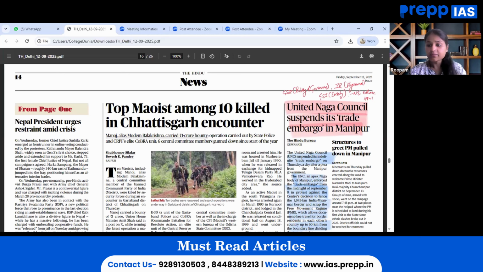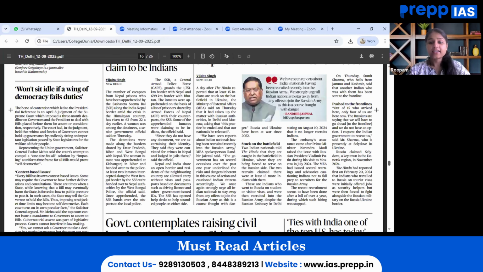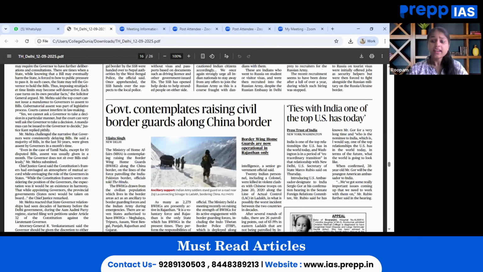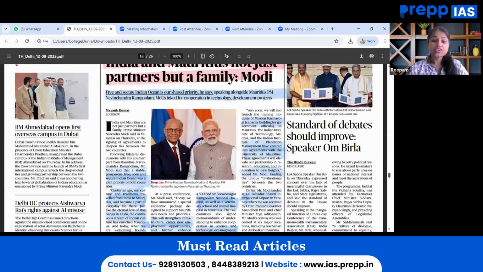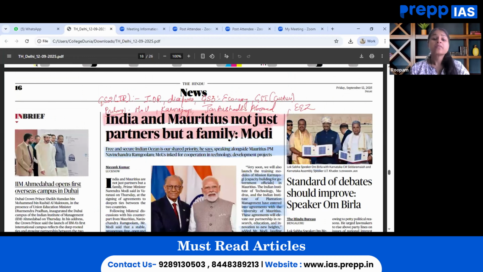Moving on, the next important article in the newspaper that needs our attention talks about the India and Mauritius relationship. India and Mauritius are not just partners but a family, said Mr. Modi. So this is relevant for GS paper 2 IR, wherein neighborhood first policy, Indian Ocean security, and diaspora linkages, all these angles can be explored while going through this particular article.